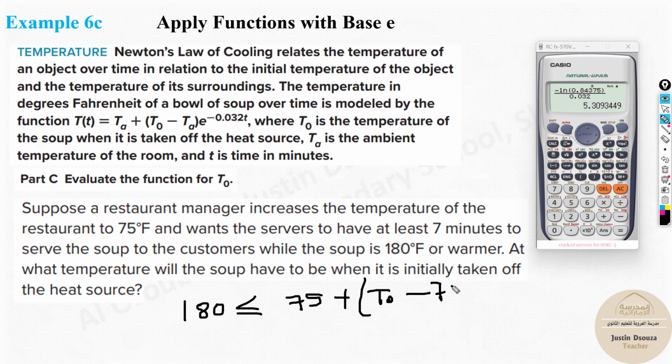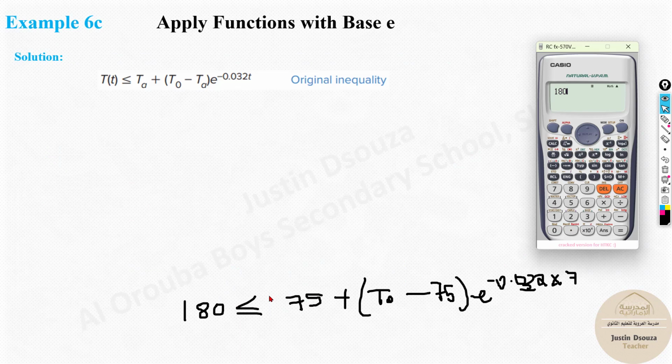All the other things are known. E to the power negative 0.032, and the time, they can use at least 7 minutes, so multiply by 7. The only unknown here is T naught. Now you can again check the answer directly by substituting. You will get the answer by making this equal, but the inequality is the problem, right?